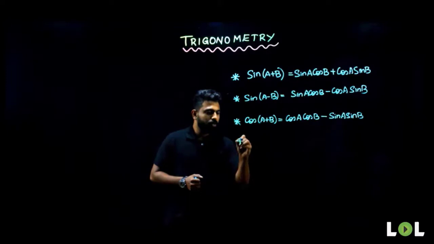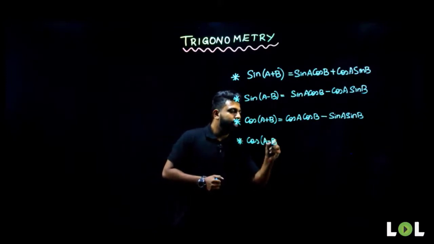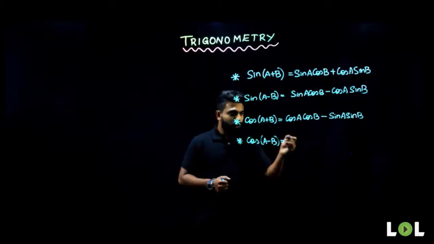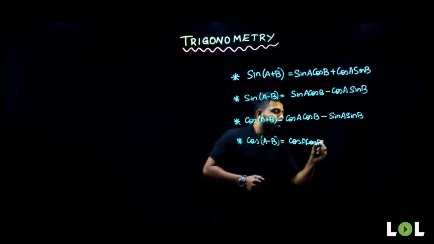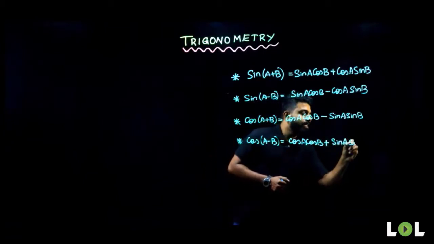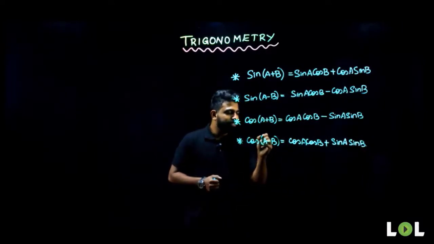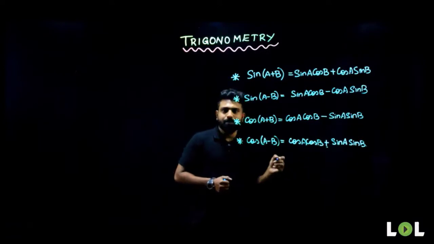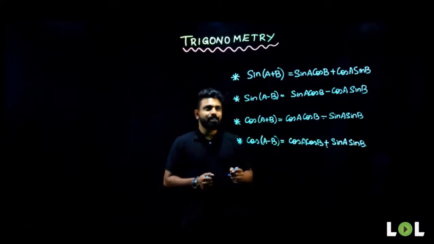For cos of A minus B, it would be cos A cos B plus sin A sin B. Look at this, don't get confused here. Whenever you have a negative sign here, you will have positive sign here. Whenever you have a positive sign here, you will have a negative sign here.